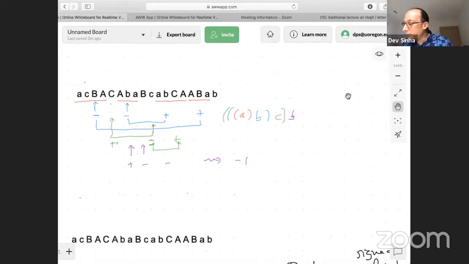So first, this is our shortened symbol, so to speak.